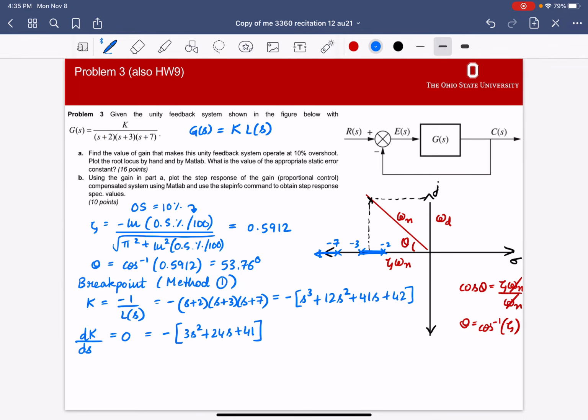And if you were to solve for this quadratic formula, we have s turning out to be either negative 5.52 or negative 2.47. So again, you can see that only one of the solutions lies in our appropriate range. So we can cancel out the negative 5.52, and we now know our breakpoint.